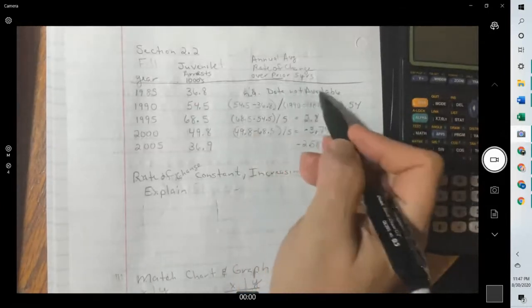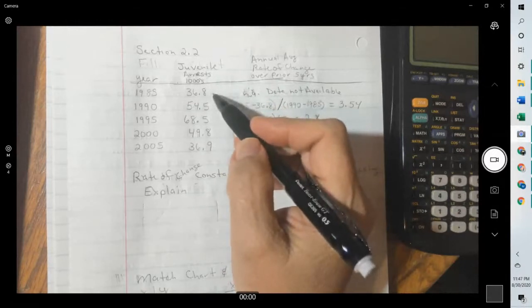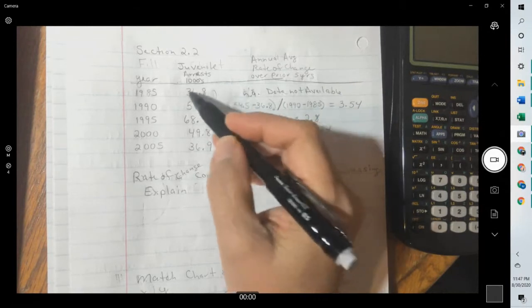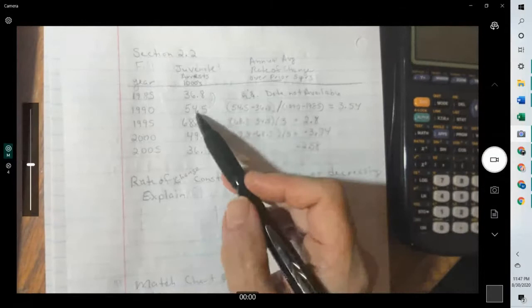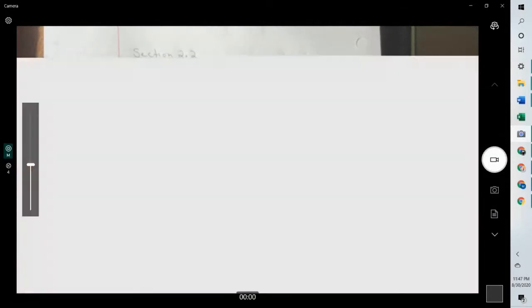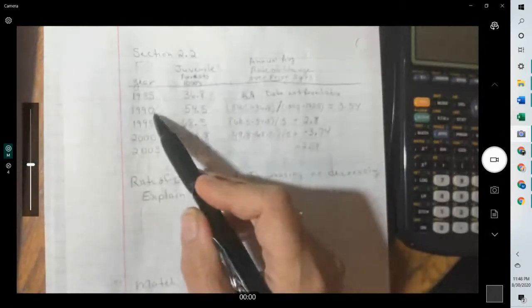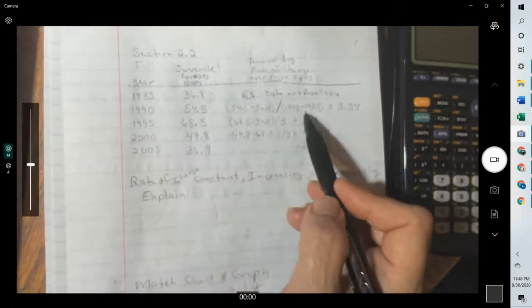And the reason that there's no data for the first one is there's no other point to subtract it with, because we need to subtract these and divide by these being subtracted. And so the second one, we can take 55.4 minus 36.8, and you divide it by 1990 minus 1985, or just 5.